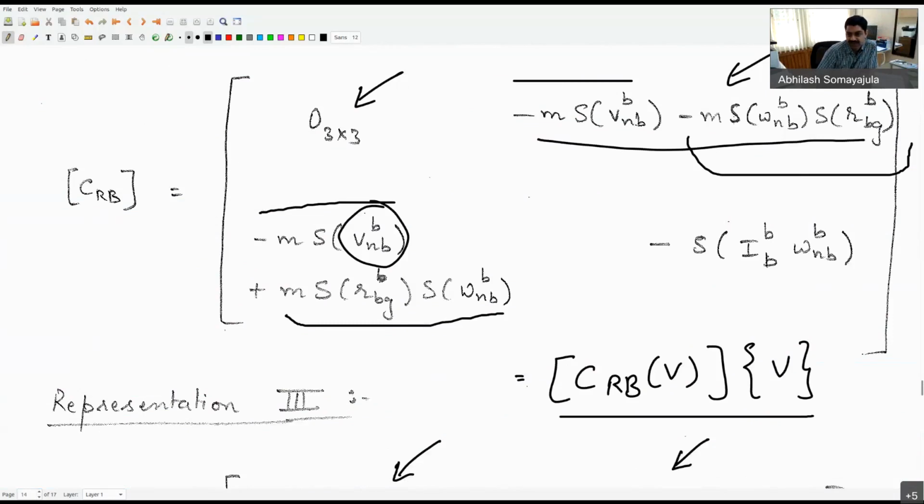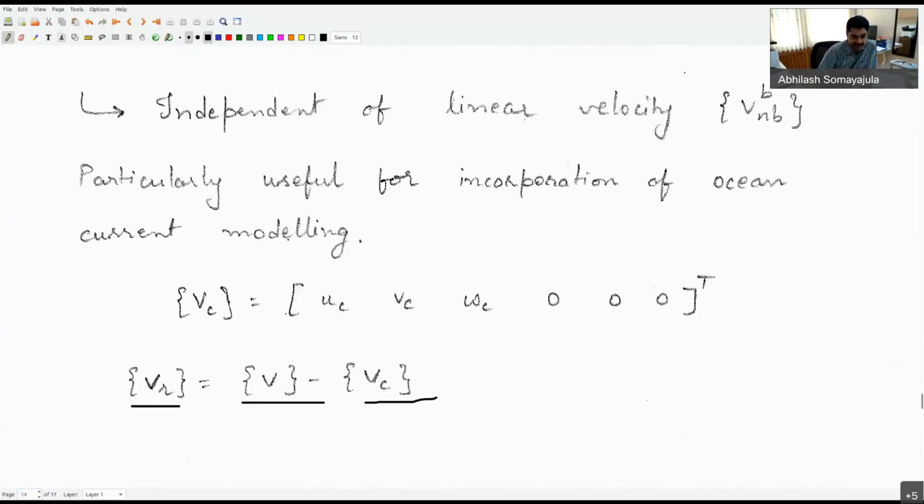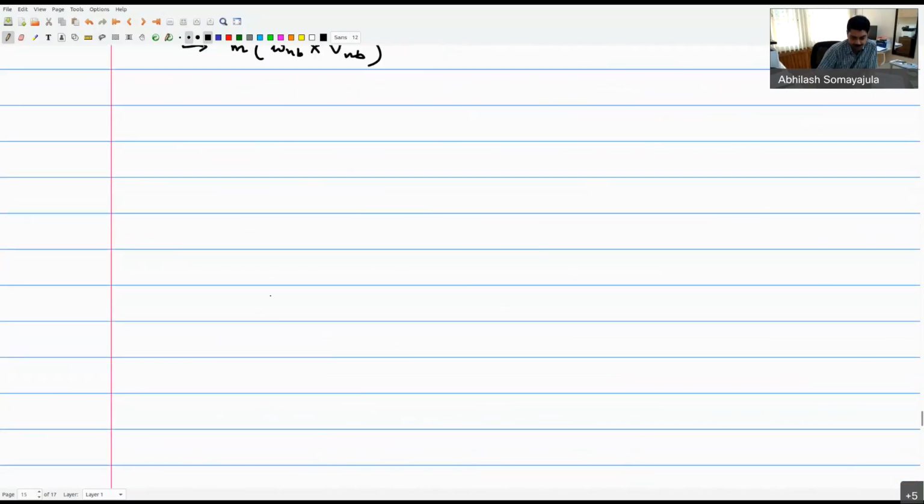I'm going to expand this out into a 6 cross 6 matrix and write down all the terms. Okay, that would be the idea. Let's see. So then the first 3 terms will be zeros. So 0, 0, 0. And maybe I want to give some space here.